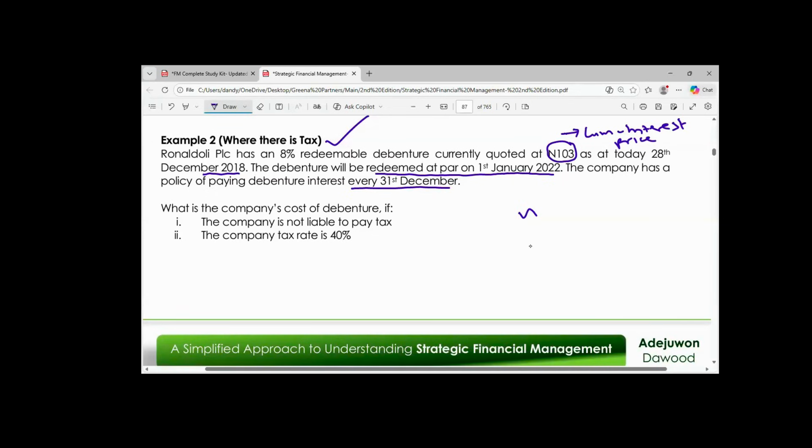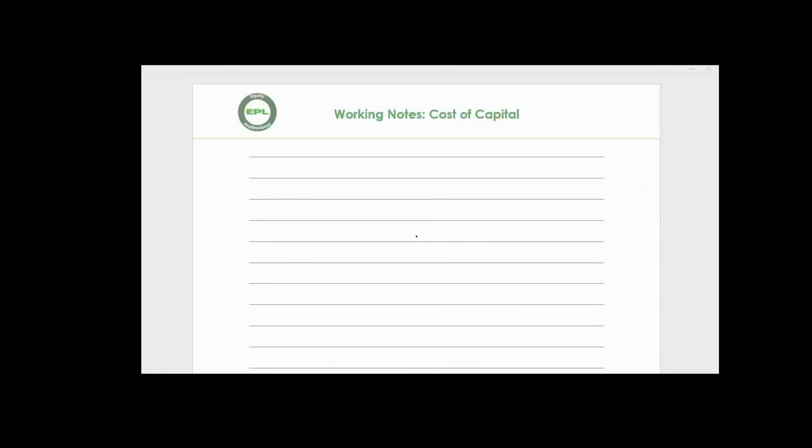So let me stop sharing this and move to the working note so that we can together solve the question. All right. The name of this company is Ronaldi PLC.